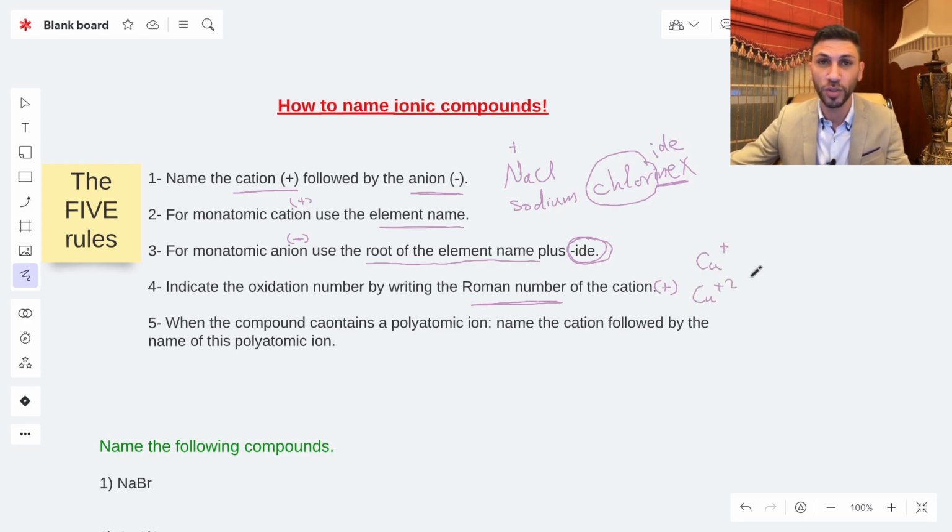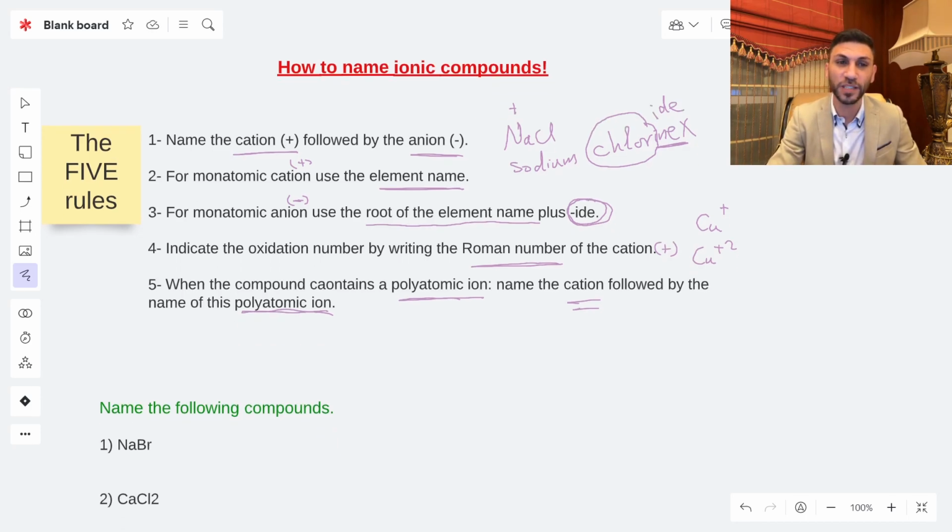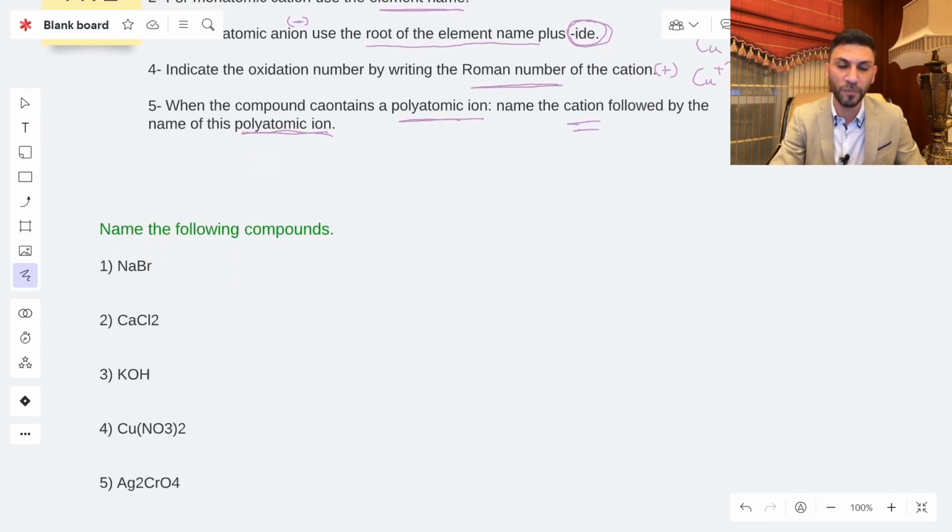It depends on its oxidation number. We will have an example about this. Now, when the compound contains a polyatomic ion, it's very simple: name the cation, the same thing, sodium, followed by the name of the polyatomic ion. As simple as this. Let's do some examples and we will check all those rules.